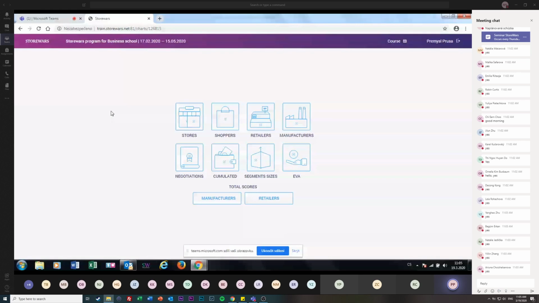Is that right? Can you see the StarWars module? Nice, good. And I will go step by step. I will show you basically what happened during the last period.